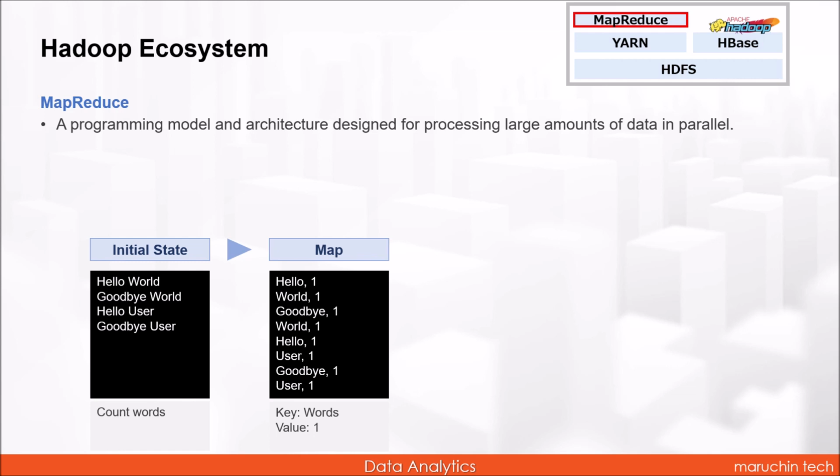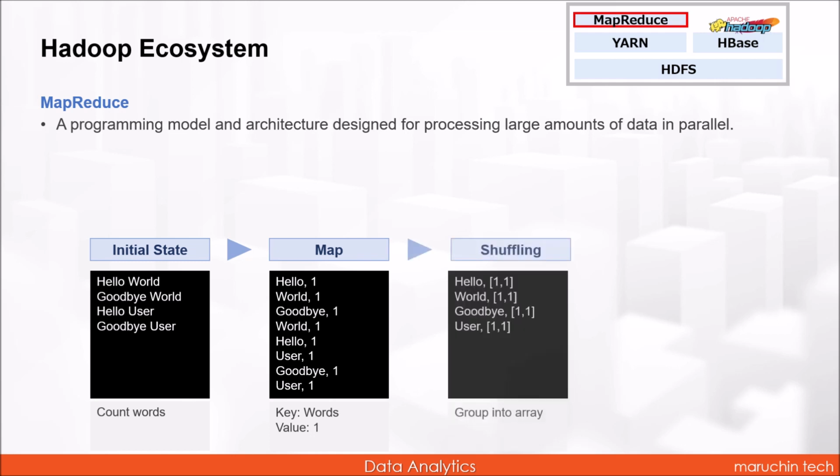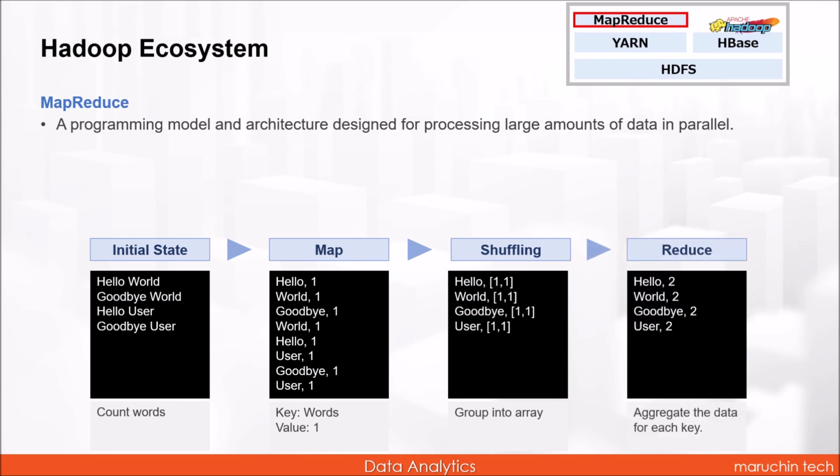In the map step, the model inputs and transforms the data into a smaller set, into pairs of keys and values. In the shuffling step, it groups the same words. And finally, in the reduce step, it aggregates the values of the data with the same key.